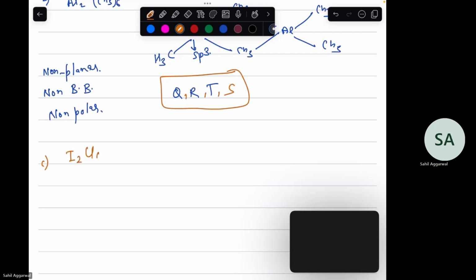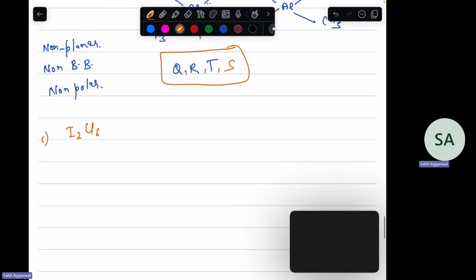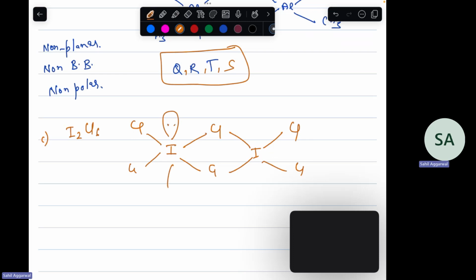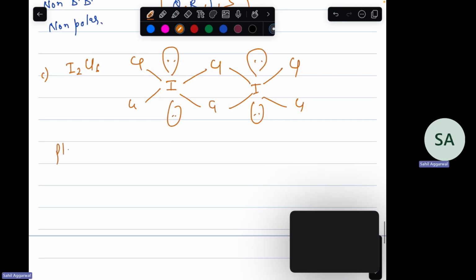I2Cl6, it will have similar shape, just hybridization would be different. It will be a square planar species. So is it planar? Yes. Planar.